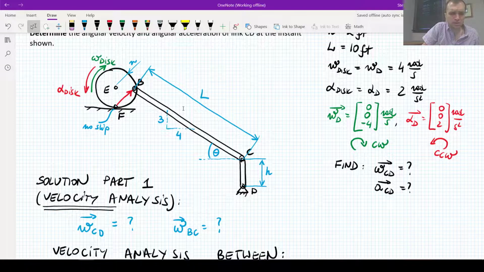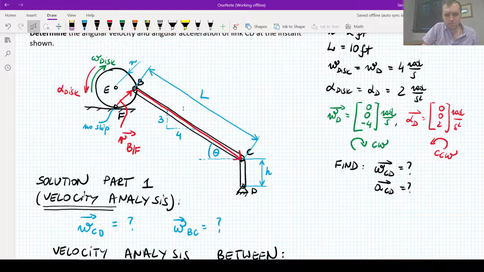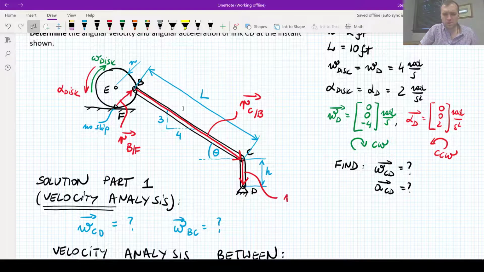So this is R B with respect to F. Then we will also run such analysis and such analysis. So this is RCB, and this one is RDC.